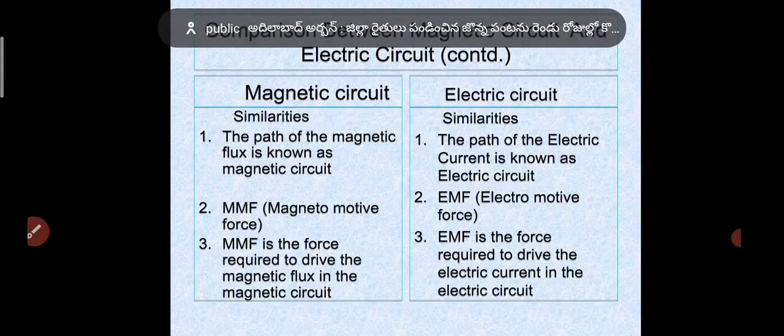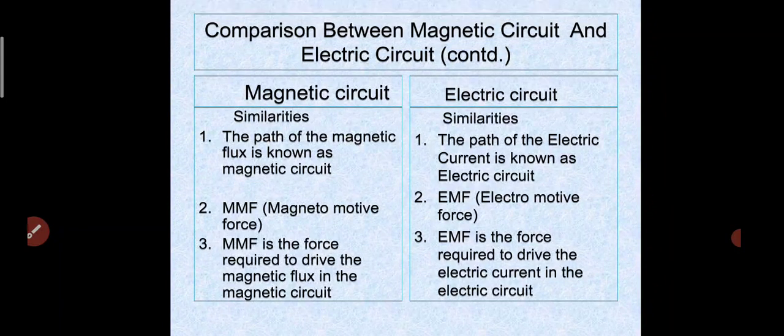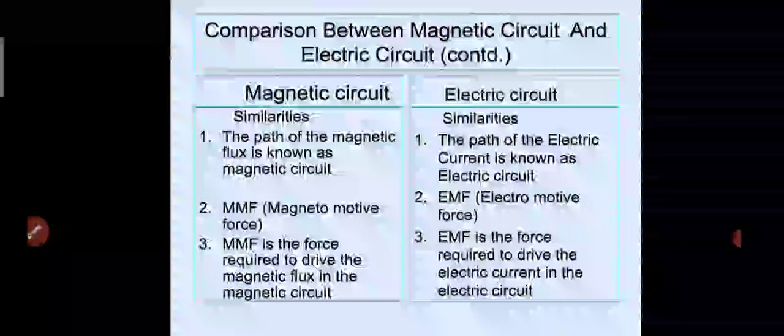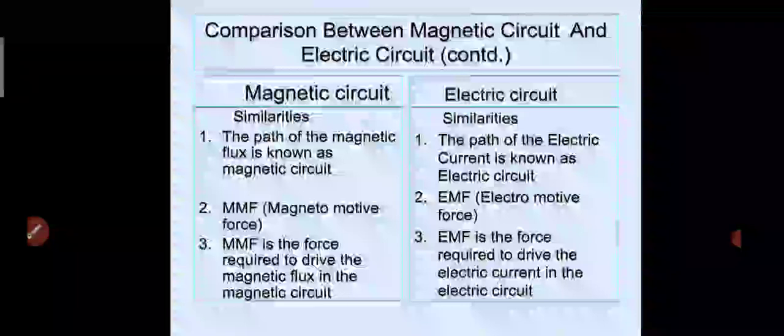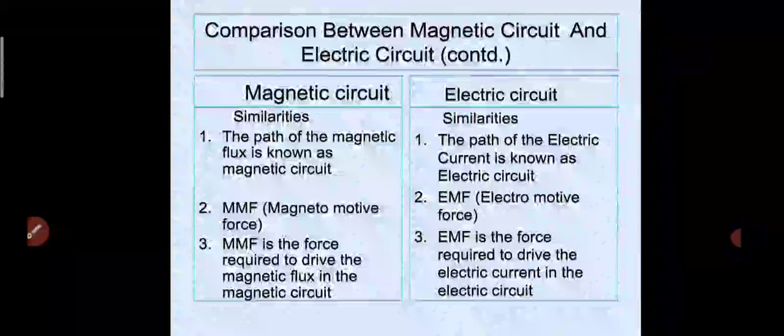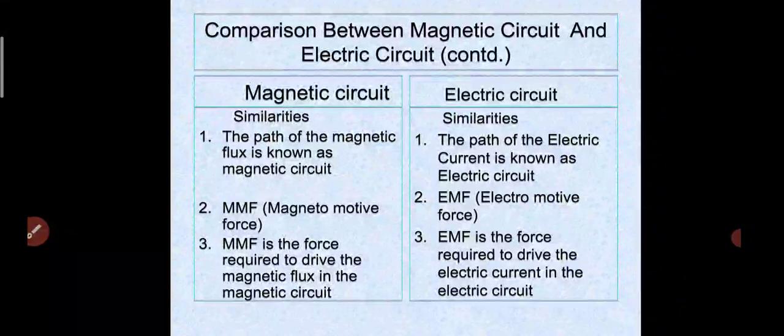So first point, similarities. Magnetic circuit: the path of the magnetic flux is known as the magnetic circuit.